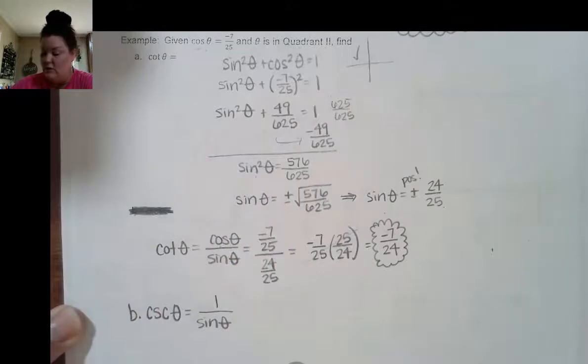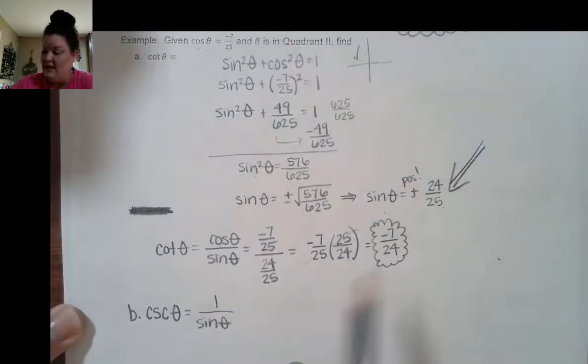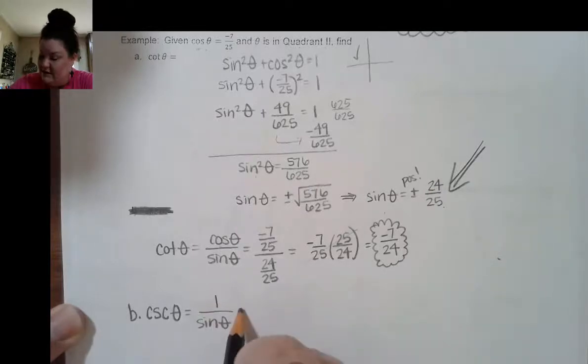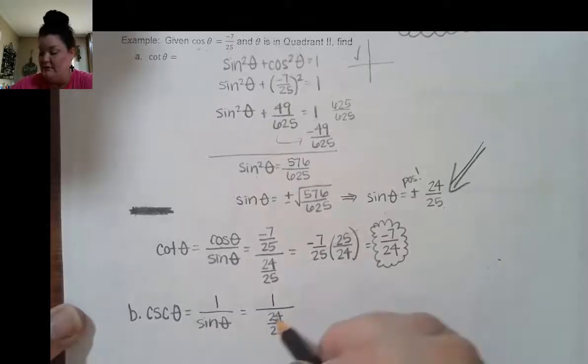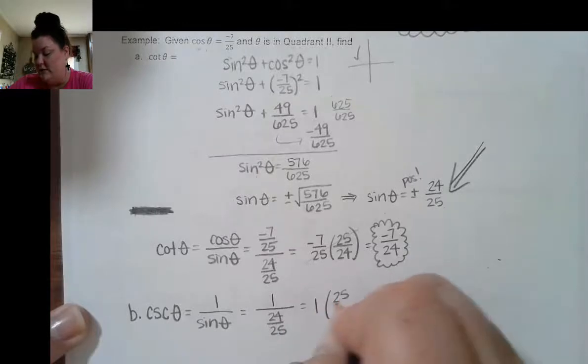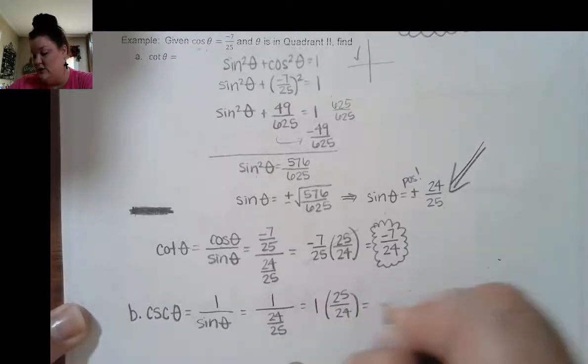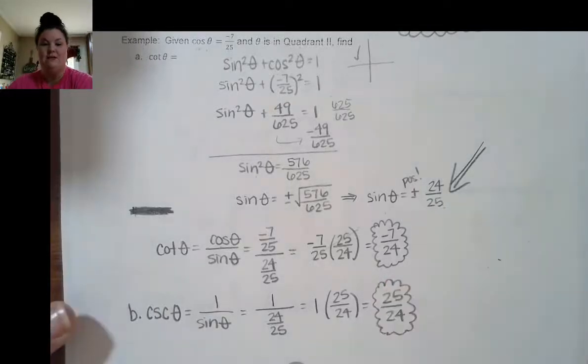So sine theta is actually something we found, right? That was the first thing we found. So we know that sine is positive 24 over 25. So we can say this is the same as 1 over 24 over 25. And then all we have to do is flip and multiply, right? 1 times 25/24 is just 25/24. Right? That one's pretty easy once we have it down.